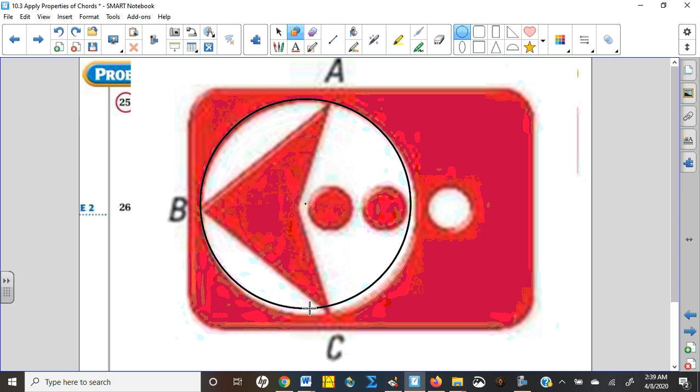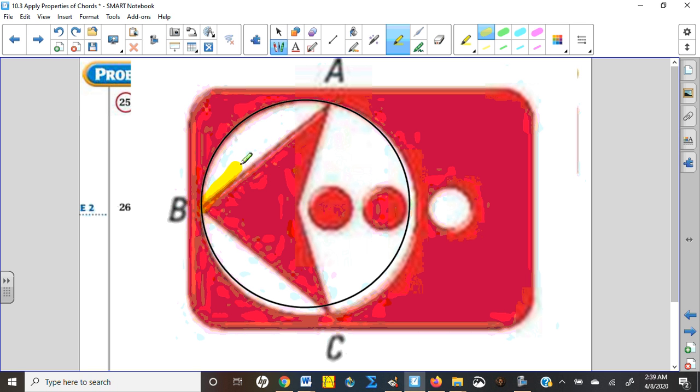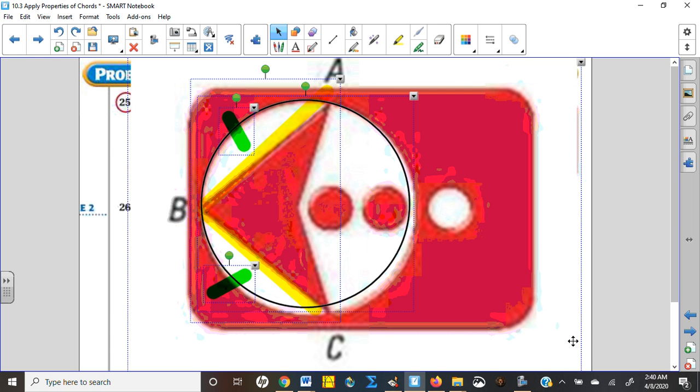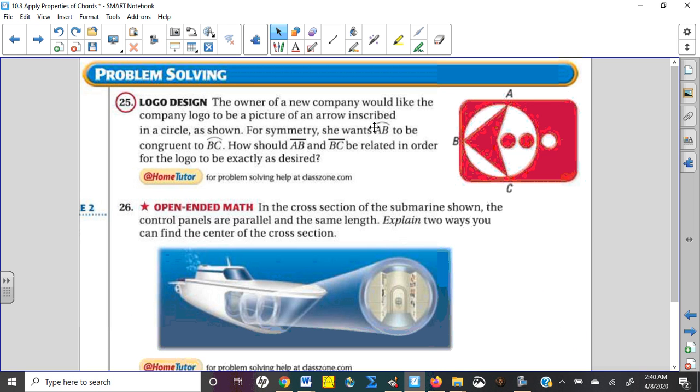And so AB and BC are chords in the circle. And if the arcs are congruent, by theorem 10.3, we know that the chords have to be congruent as well. So that's really all they wanted you to do: apply theorem 10.3 and come to that conclusion, which I'm sure you did.